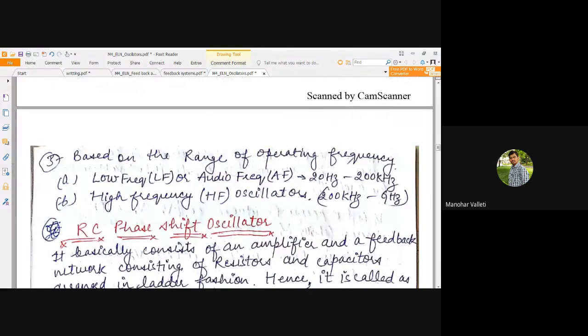And based on the output frequency, if the output signal frequency range is between 20 Hz and 200 kHz, then we say that electronic circuit is a low frequency or audio frequency oscillator. Other than this, oscillators are called high frequency oscillators, with a frequency range from 200 kHz to the gigahertz range.